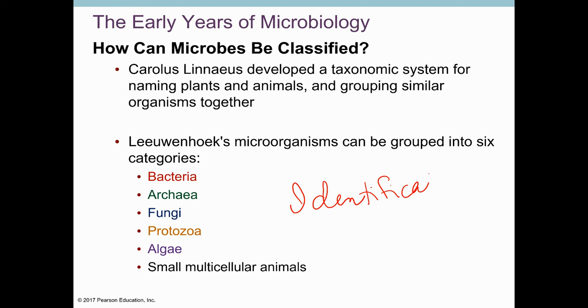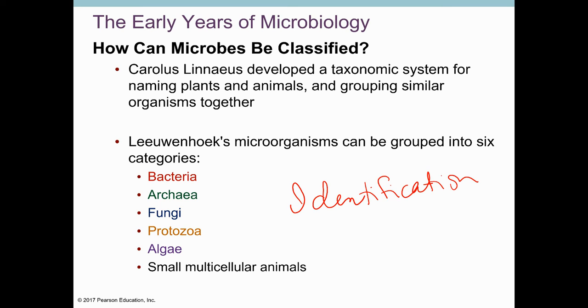because identification of microorganisms is the most important first step to getting to a treatment for some kind of infectious disease. If somebody has an infectious disease, then identification of the microorganism that is causing the disease is the first step, and that leads you to the correct treatment.